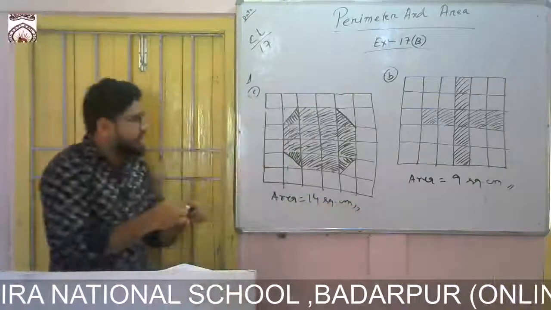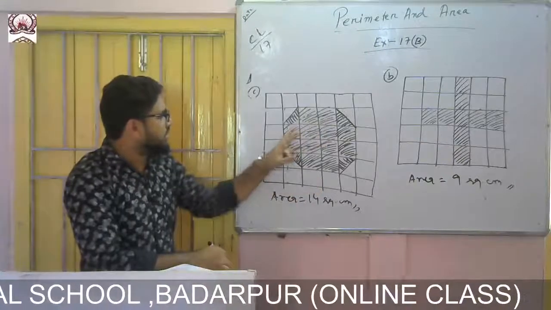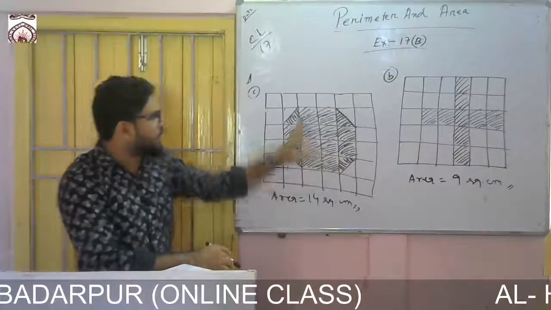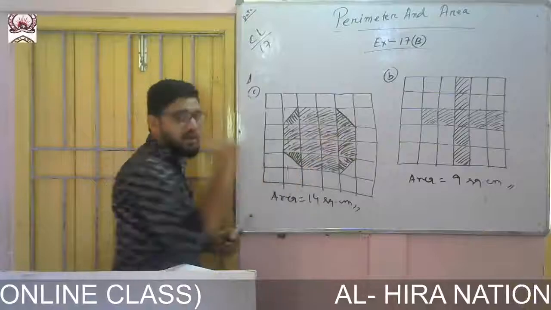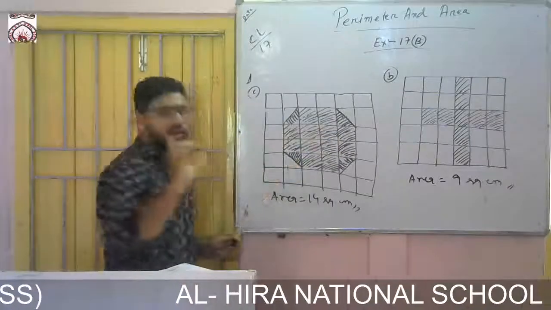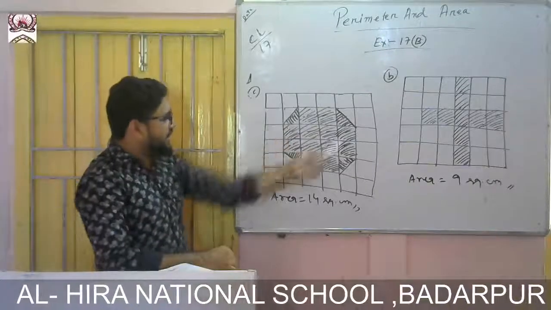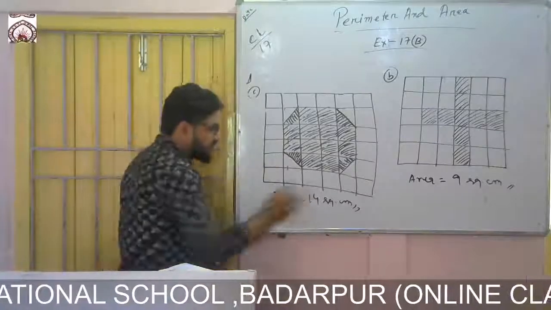Once again, fully shaded are 12. Then this one half and this one half will make 1. So 12 plus 1, 13. This one half makes 1, so 14. So it is 14 square centimeter.